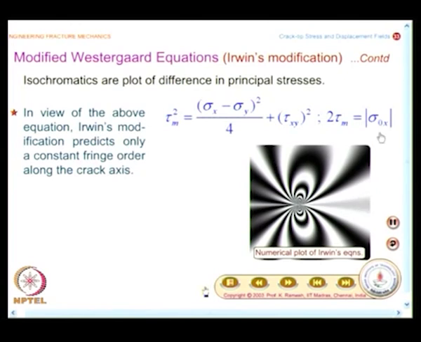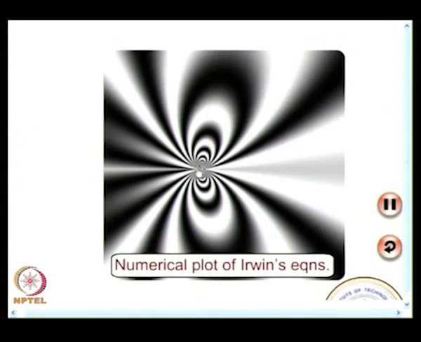Just by adding one single term, the fringes got tilted forward. Not only this, as you go close to the crack tip, I think I could enlarge this, the fringes also become straight, as was observed in experiments. So, in one stroke, two important observations of experiments were satisfied. The fringes were forward tilted, and the tilt angle is also becoming straight as you go to the crack tip. I think I should put it this way, forward tilted, and then it is becoming straight at the crack tip.